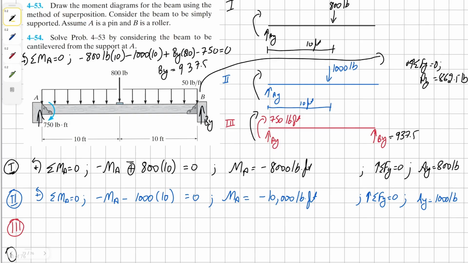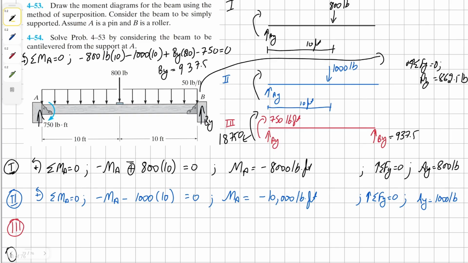We can find Ay, which is simply the sum of the forces in the y direction on our whole beam. In this case, it's going to be 1800 take away the newly found force. So Ay is simply 862.5 pounds.